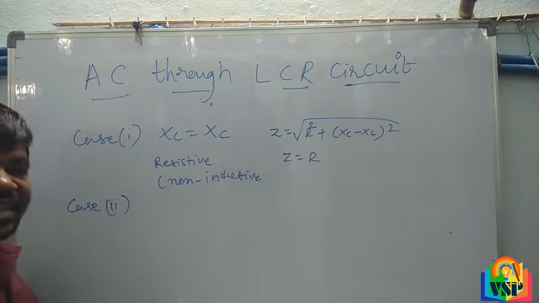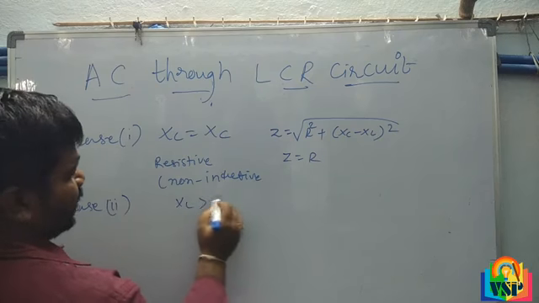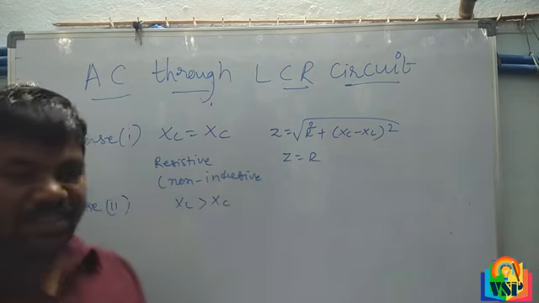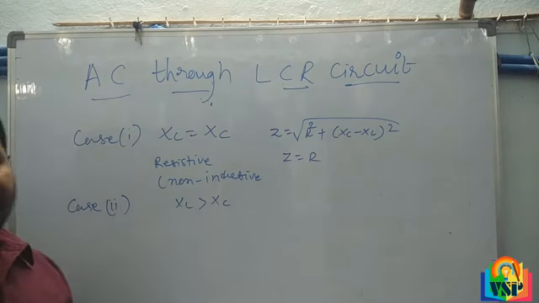Case 2: XL is greater than XC. XL is greater than XC means the phi value is positive.